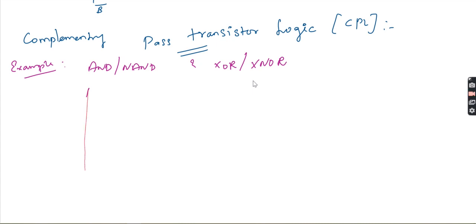This is one example, right? This will be a B, this will be a B bar setup. Now, what is the NAND gate actually? The structure will be like this.